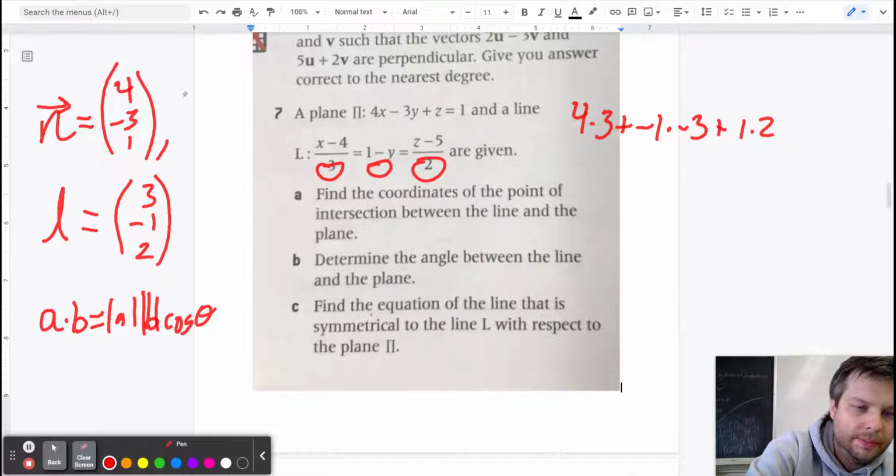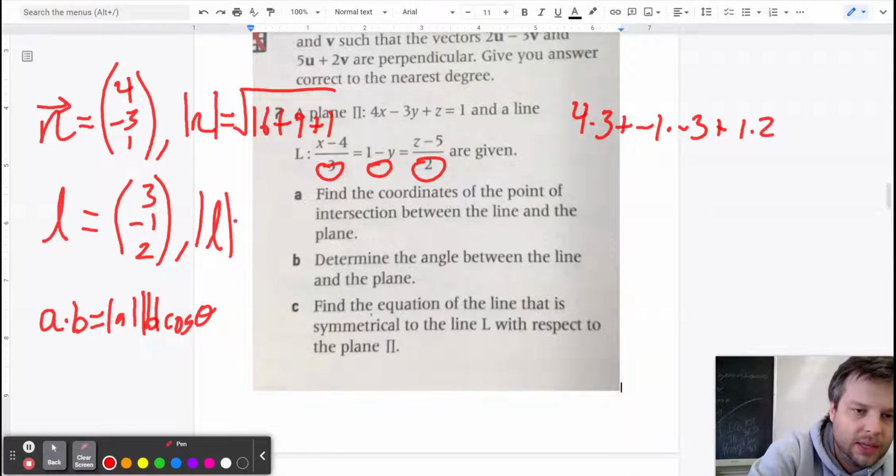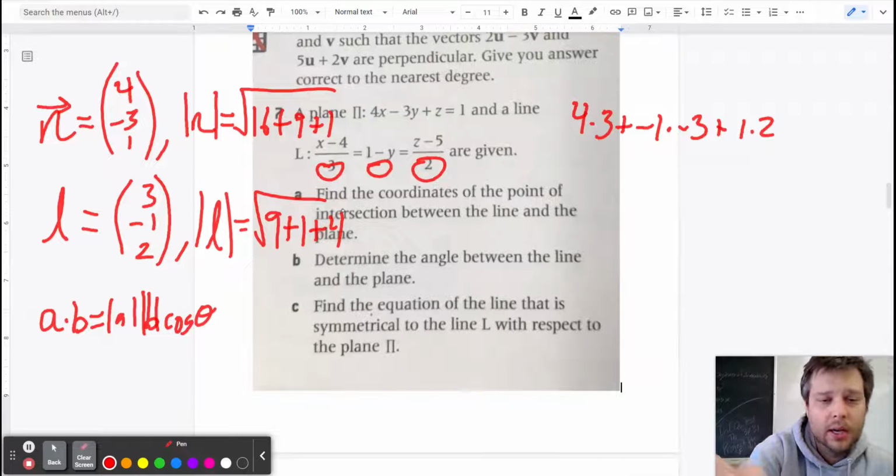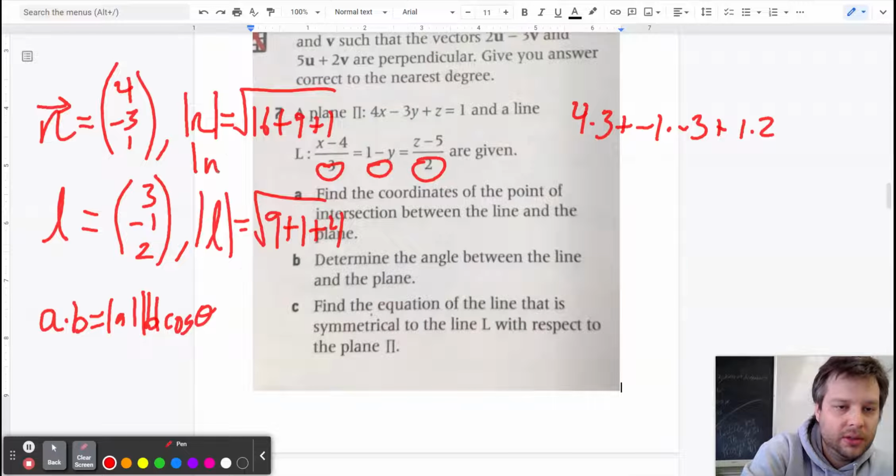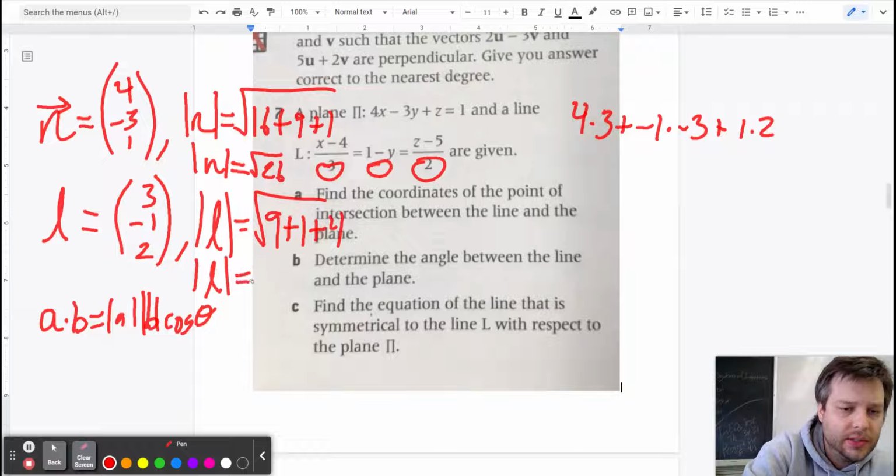So the magnitude of n is going to be the square root of 4 squared plus 3 squared plus 1 squared. The magnitude of L is going to be the square root of 3 squared plus 1 squared plus 2 squared. So magnitude of n is the square root of 26. Magnitude of L is the square root of 14.